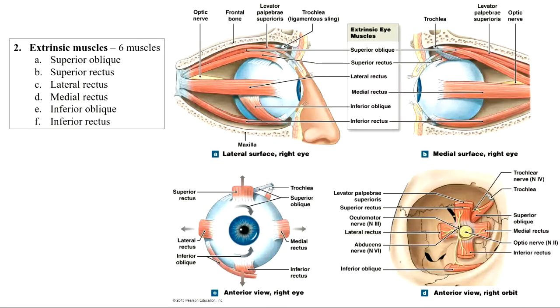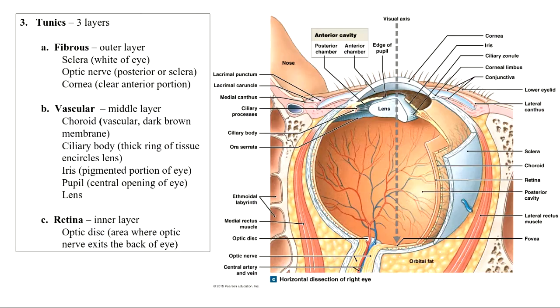There are 6 extrinsic muscles that you have to identify, and in one of these 4 pictures, you'll be able to identify all of them. Probably this one, this one, and this one, but that gives you a good idea of where those muscles are. And then you want to learn the 3 tunics. Again, we go over this in detail in lecture in terms of identifying the different layers of the eye, but you also want to be able to identify the anatomy portion of it.